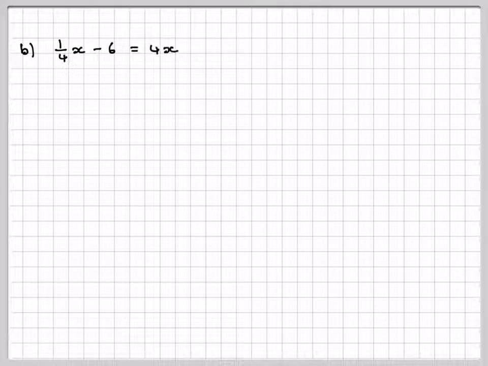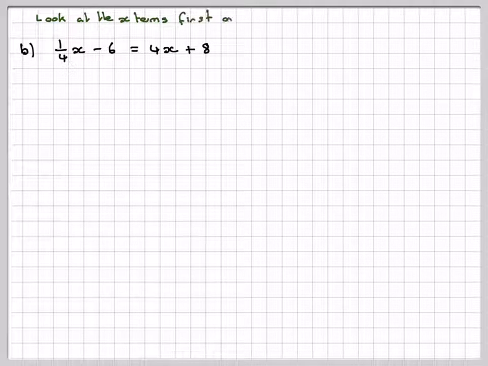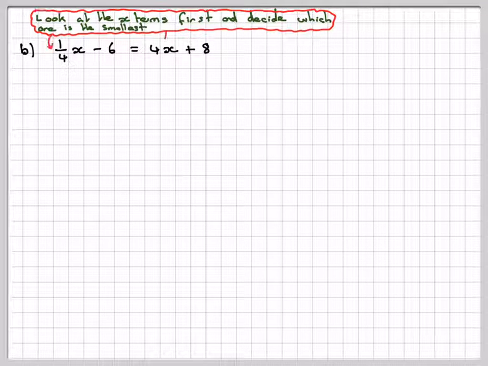Second one, you've got 1/4 x minus 6 is equal to 4x plus 8. Now the first thing to do, you need to look at the x terms and decide which is the smallest. 1/4 x is smaller than 4x, so the opposite of 1/4 x is to take away 1/4 x.